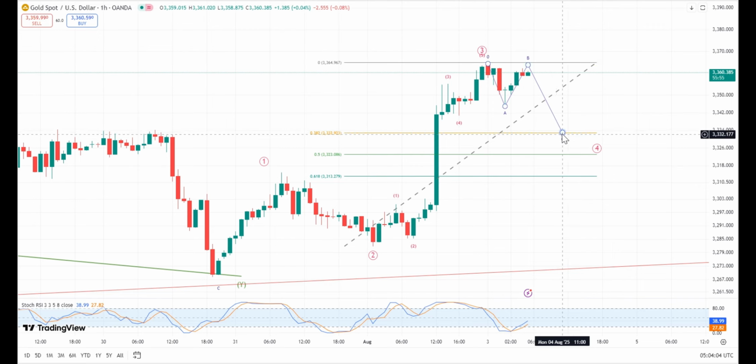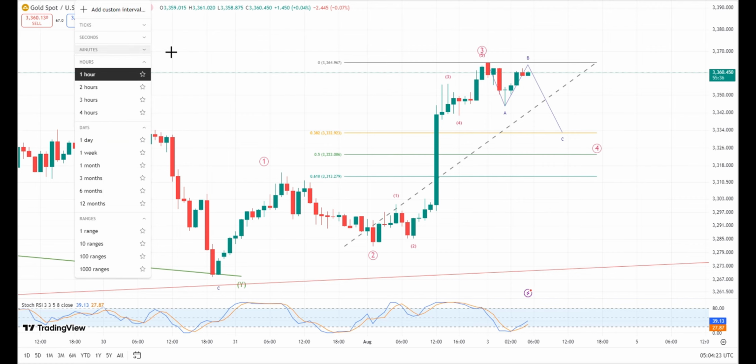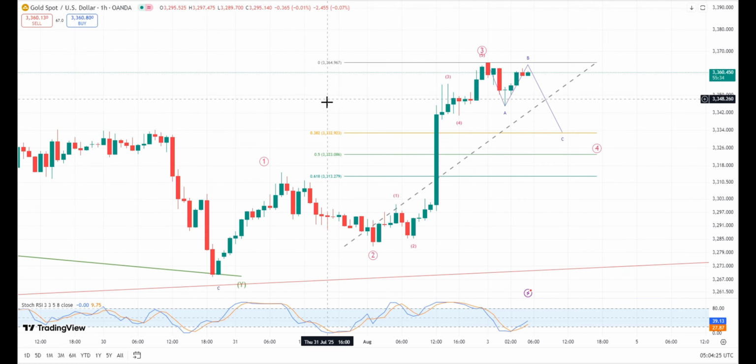That's the 3,332 zone. We should be looking out for a buy from these three zones. So when price retraces to this zone, we'll then have a deeper look at what the price is doing and look for confirmation for entry.